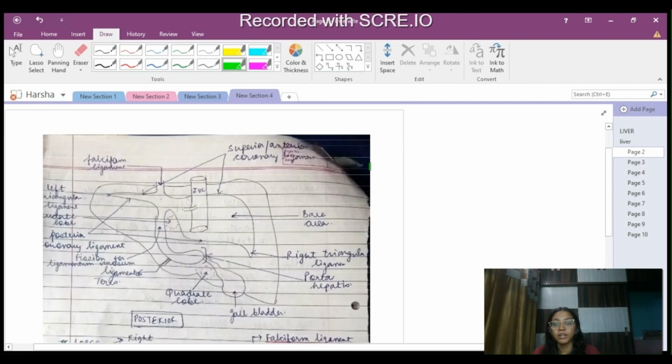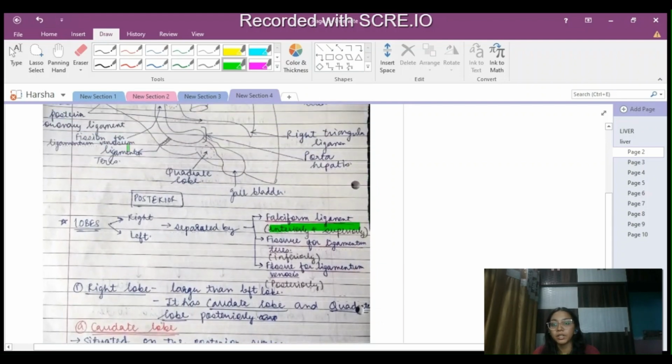The ligamentum teres is a modified remnant of an intraembryonic feature, which will be covered under embryology. This is the ligamentum teres that is separating the right and left lobe inferiorly.